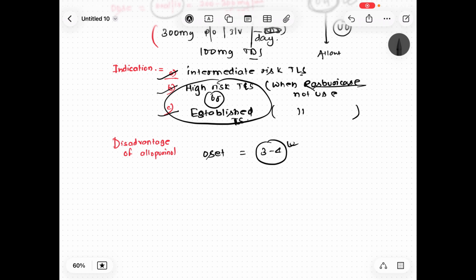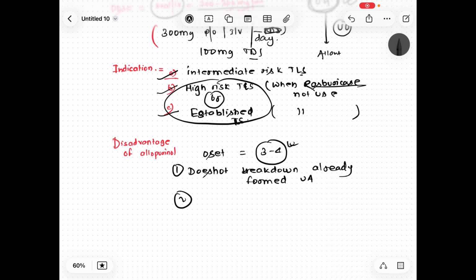So first one is that it does not break down the already formed uric acid. Second is xanthinuria.